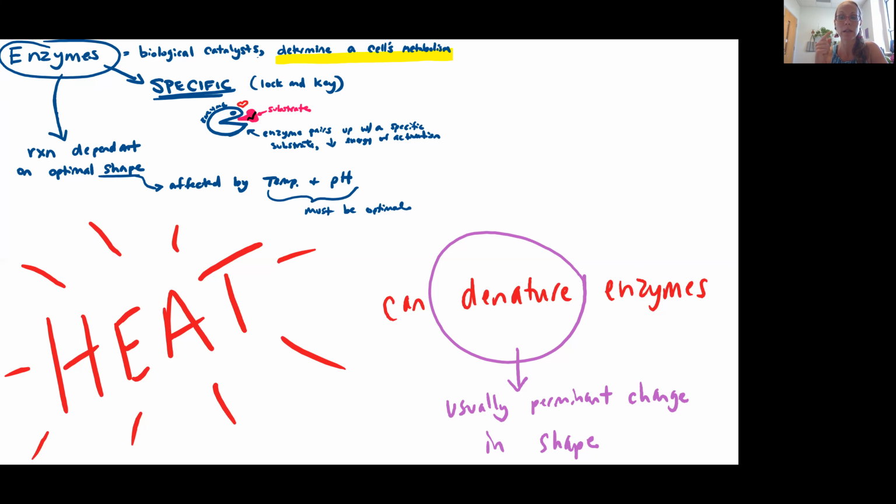And you also know you can't take cooked food and turn it back into raw food. pH can also denature enzymes if it's too acidic or too basic, if it's outside of whatever is optimal for that particular enzyme. There are times when these conditions denature proteins and it's not permanent, so sometimes proteins can denature and then renature, but sometimes it is a permanent shape change.